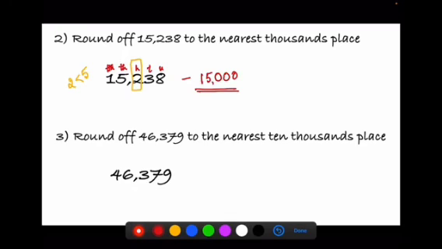In the similar manner, if we round off the same number to nearest 10,000s place, what is that we get?